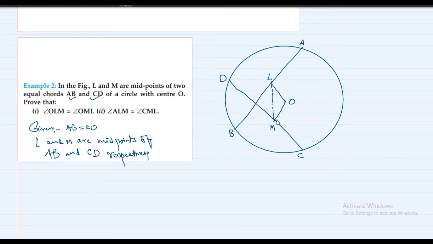Angle OLM is equal to angle OML. That is, these two angles are equal. And angle ALM is equal to angle CML. Yeah, so that also can be proved. Okay, let's start with the proof. To prove is written over here, so I'm not writing it again.